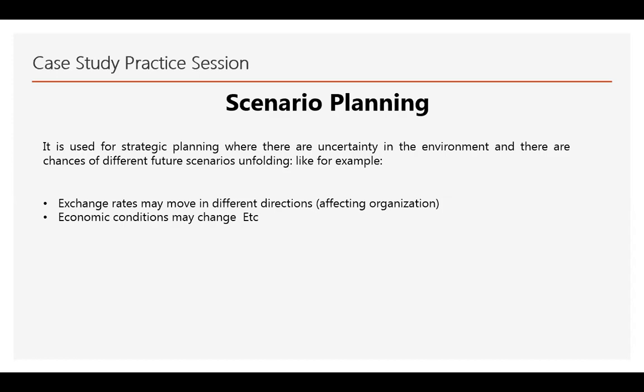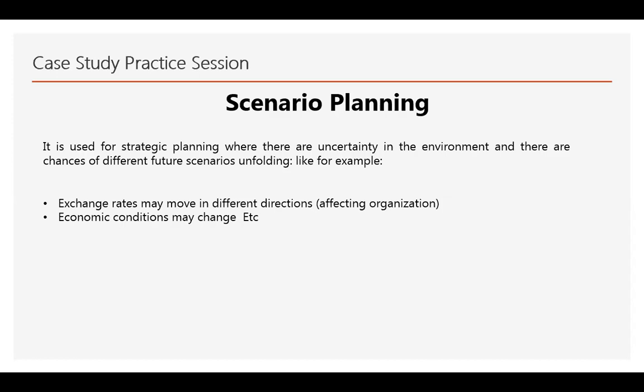So let's say if we focus on these two factors and see what type of scenarios may be created, like maybe we expect the exchange rate to go in our favor, or at the same time we may expect the economy to be going in our favor too. So both these factors will go in our favor. This may be one of the scenarios, but the other scenario may be that the exchange rates may not go in our favor, but the economy may go in our favor.